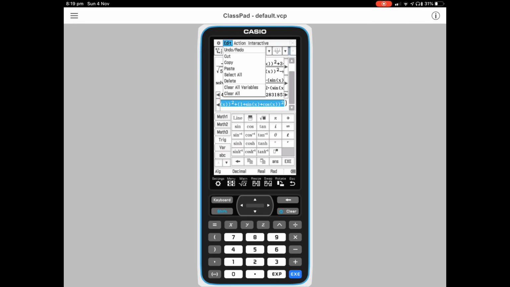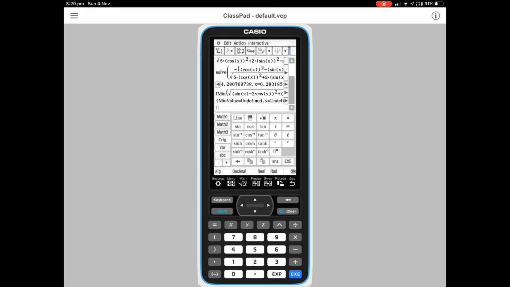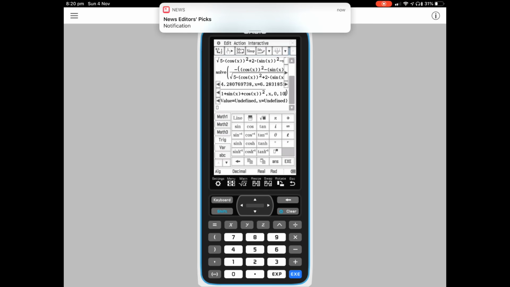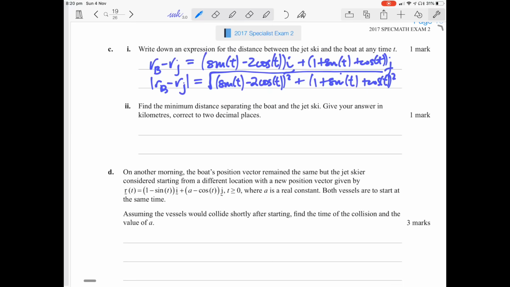Actually, it's just clear. Let's go back to the edit, copy, edit, paste, edit, select all, calculation fmin. Okay, so let's just go from 0 to 10. So the minimum distance is 0.33 kilometers.